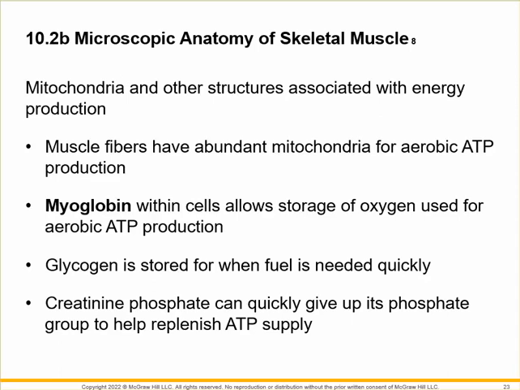We'll see in a little bit why that doesn't work very well. It might give you a couple of extra seconds of endurance, but that's about it. But those are important. The myoglobin stores oxygen, glycogen stores carbohydrates, and creatine phosphate is a way of storing energy beyond ATP.